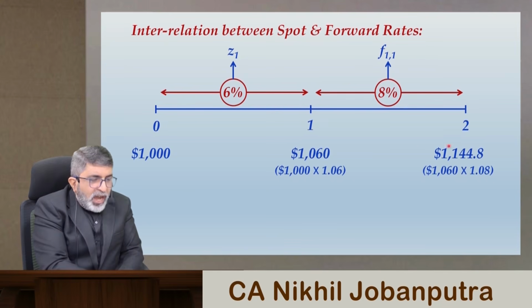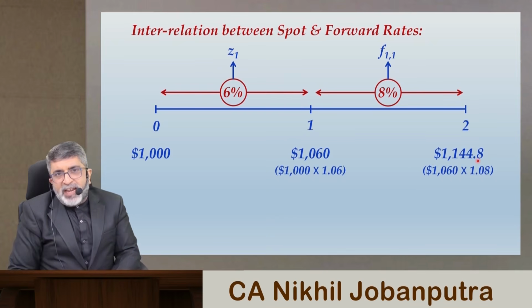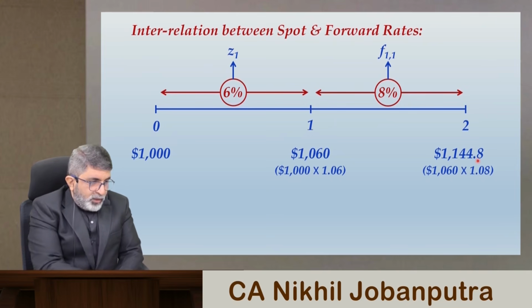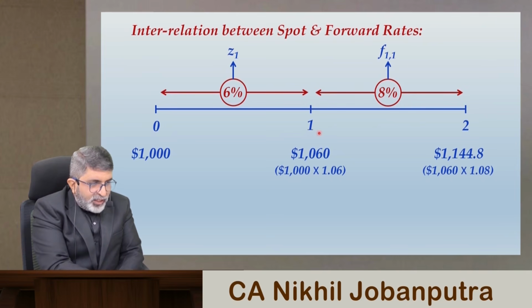So logically, how did you reach here? From 1000, you multiplied 1.06, you got 1060. To that 1060, you again multiplied 1.08 and you got 1144.8. Now, we have connected from year 0 to year 1 and then from year 1 to year 2.